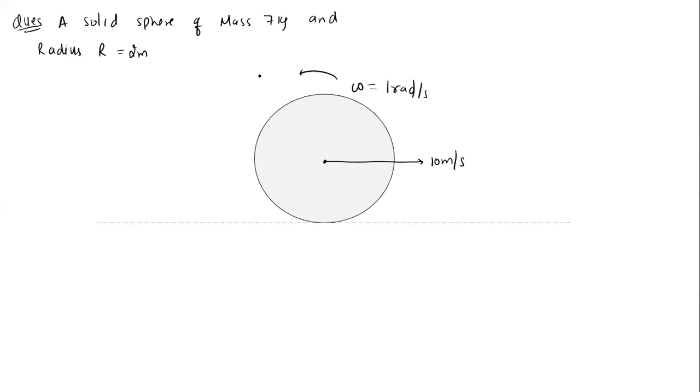Here omega is anti-clockwise. Find the angular momentum about point A. Point A is the point where the body is touching the surface. So you need to find the angular momentum about point A.